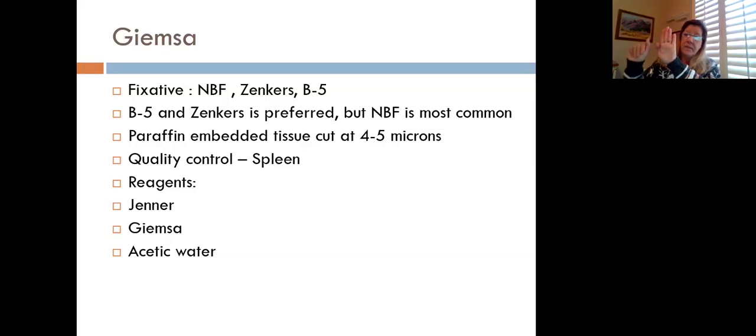But this one's the patient that we're testing that may be positive or it may be negative, okay? But by having this control, we can prove to the pathologist that our stain actually worked. Does that make sense?